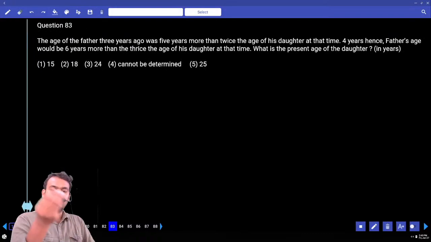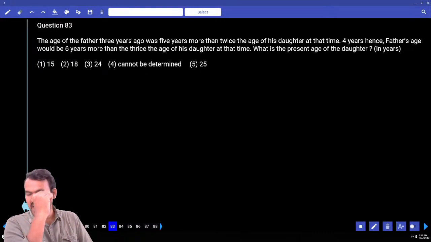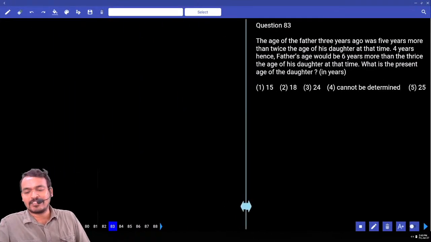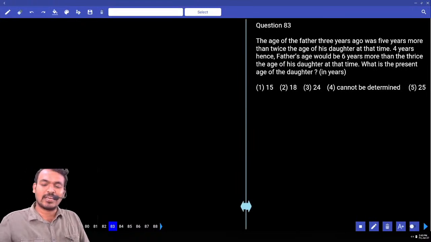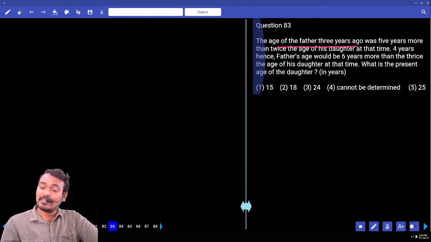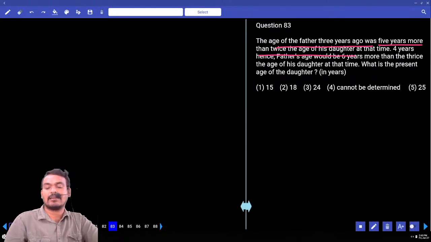Father's age is always more than the daughter's age. Father can be 2 times the daughter's age, possible? Maybe possible, right? Question number 83. The age of the father 3 years ago was 5 years more than the twice the age of his daughter at that time, right?